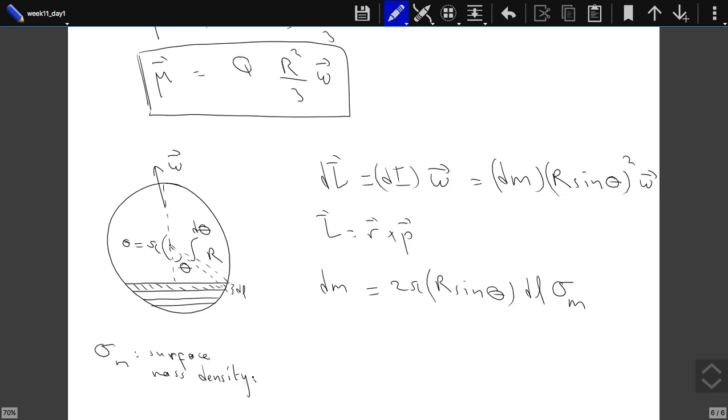This is the surface mass density. This is the total dm. So the contribution to the angular momentum of the sphere from that ring is just 2 pi r sine theta dl sigma m. This is dm multiplied with r sine theta squared times omega.